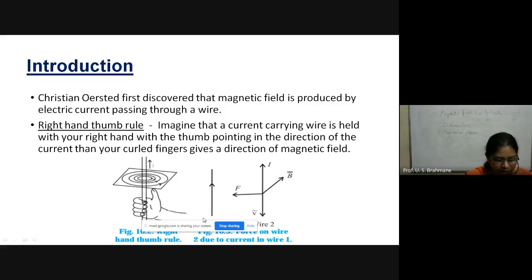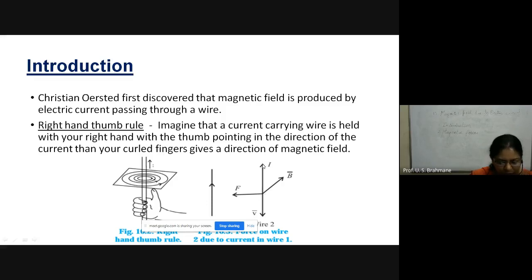Also, one more very important thing. If there are two wires, this is wire number one, which is carrying a current, and the magnetic field due to the current in wire number one, at every point on the second wire, is shown in the inward direction, and the current we can see is moving in the upward direction.